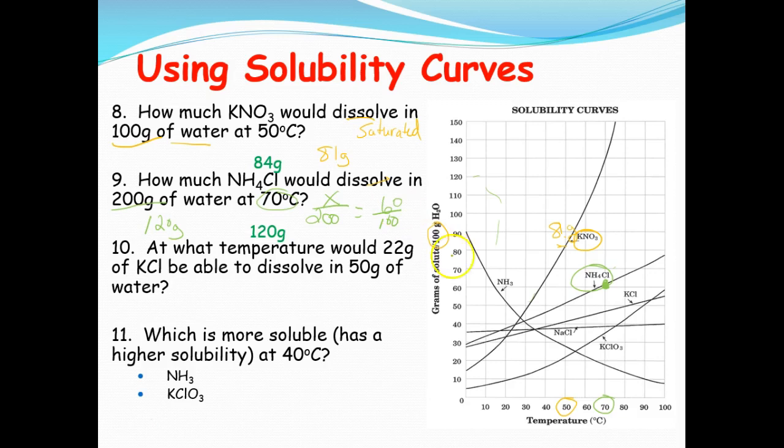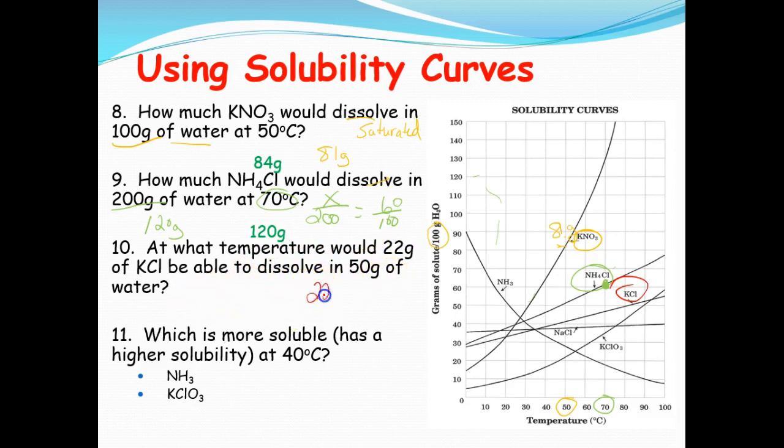Okay, so at what temperature would 22 grams of KCl be able to dissolve in 50 grams of water? Here is where you are going to have to use some math. We find our substance, and here's KCl. So here's where we have to do a little math.